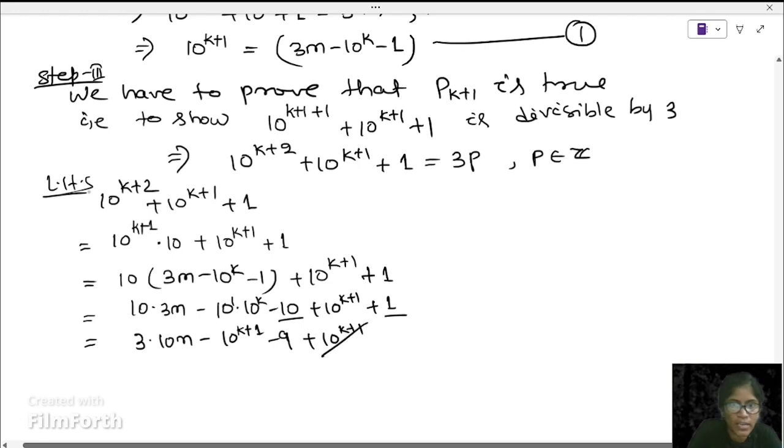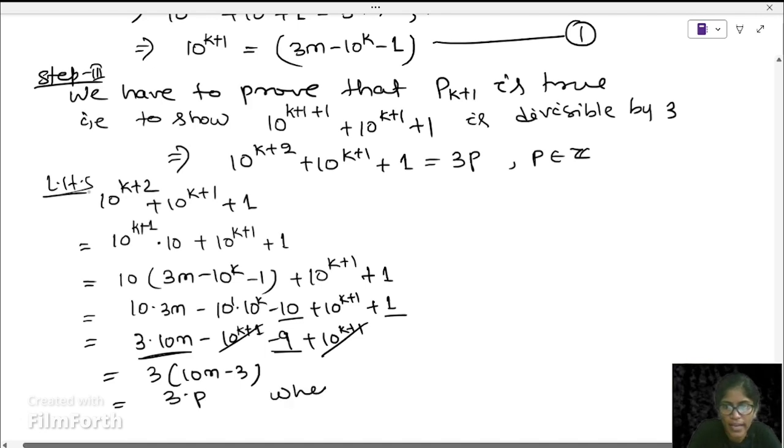Here 10 to the power k plus 1, plus and minus cancel. Now from these two terms, taking 3 as common, 10m minus 3, since 3 threes are 9, which is equal to 3 into p, where p is equal to 10m minus 3. Okay.